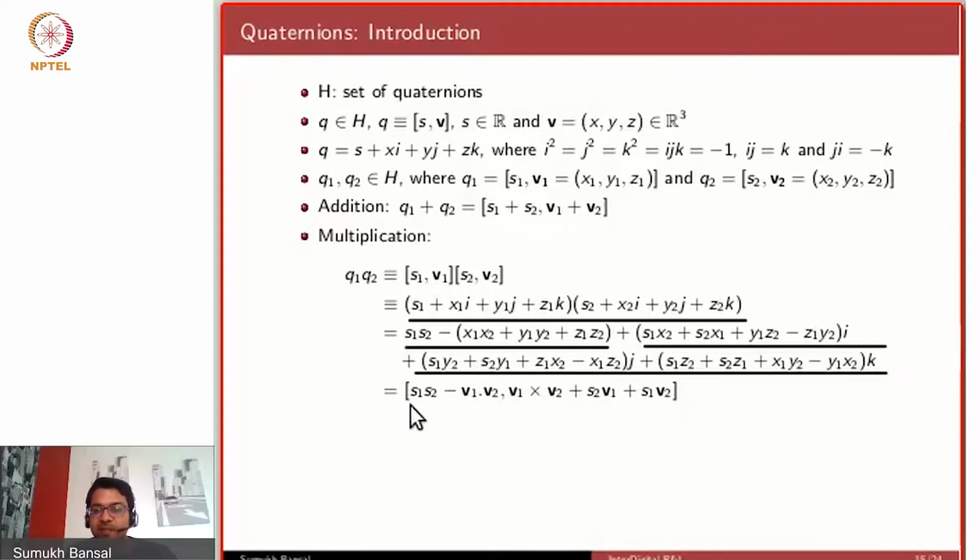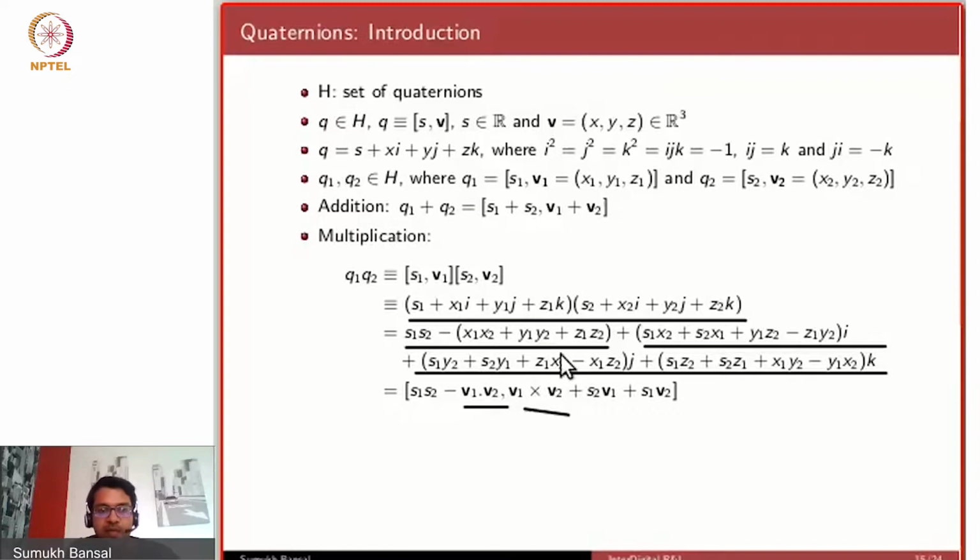So as a final expression, you end up with this expression where the dot represents the dot product between two vectors, and the cross represents the cross product between these two vectors. So this is how we are going to define multiplication between two quaternions.